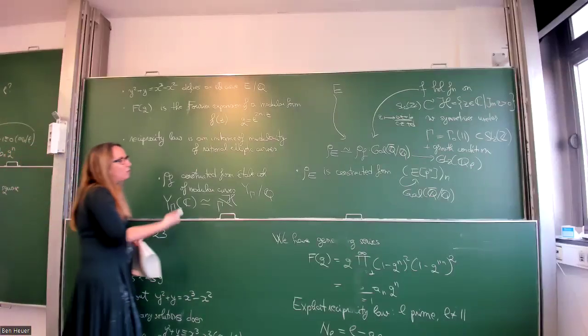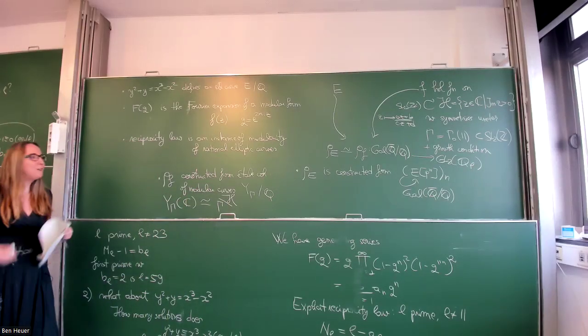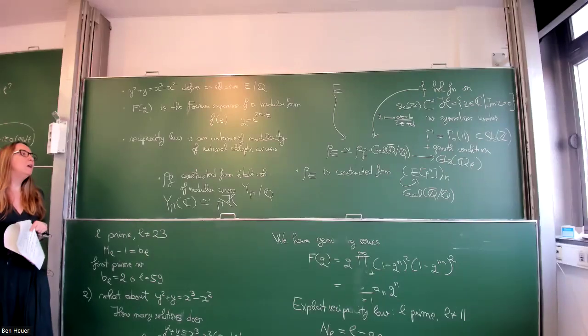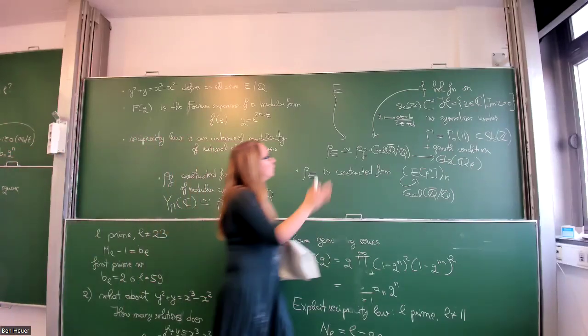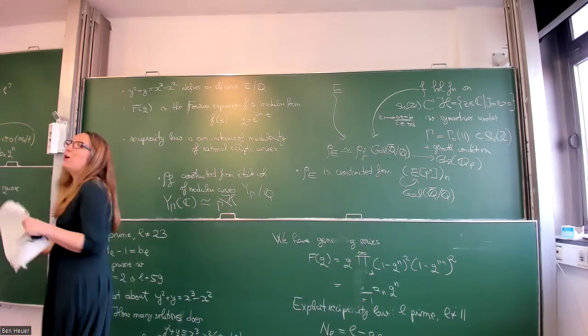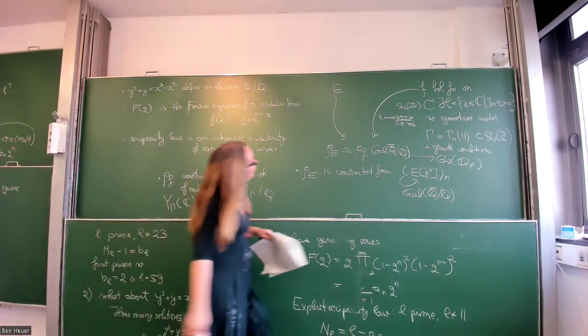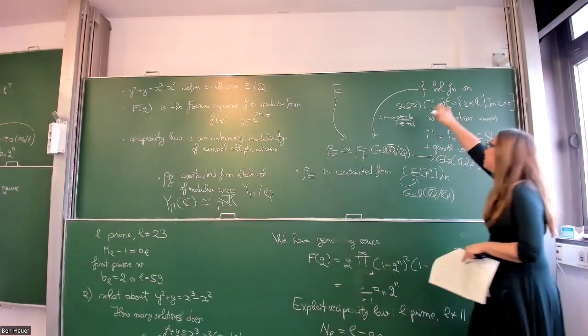And so for this reason, you can also extract the Galois representation from there, cutting out precisely the piece corresponding to the modular form F. You have to use Hecke operators. These are certain averaging operators that act on modular forms. And our modular form is a really special one.